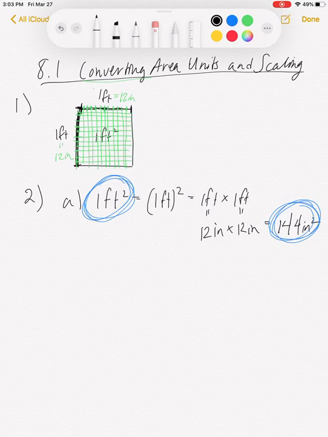Well, that's true, but when you're talking about square units, we have square units and smaller units, and so we have to multiply them by themselves. Numerically, you do 12 times 12 gives you 144. Inches times inches gives you inches squared.